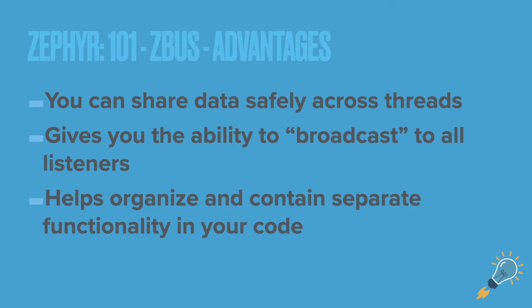I am guilty of having these monolithic main files, which is kind of crazy. I know a lot of people are very into micro architecture, having microservices, different services disparate from each other, and then you just send data back and forth.